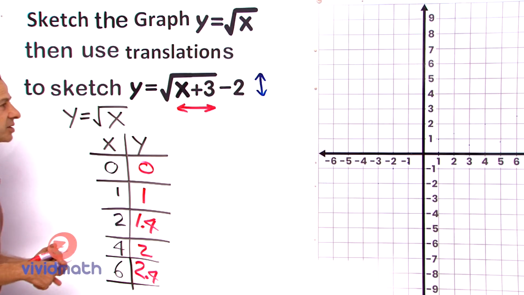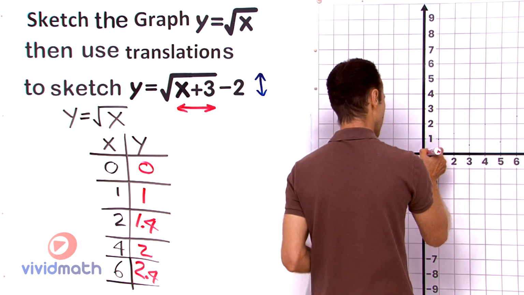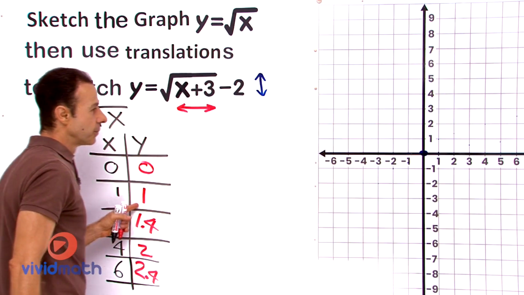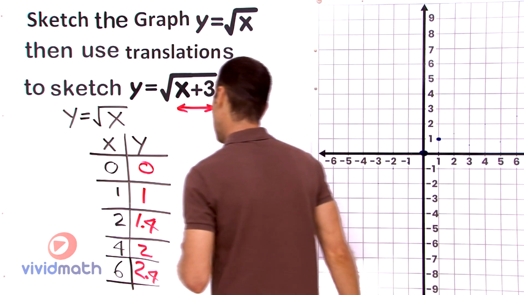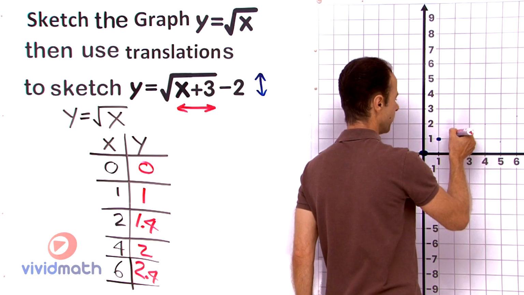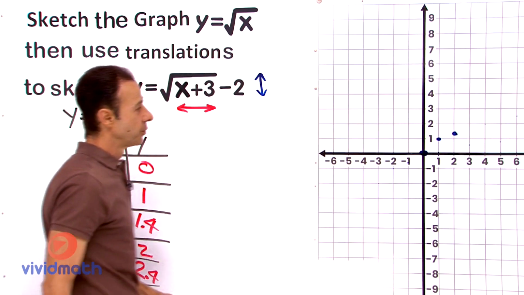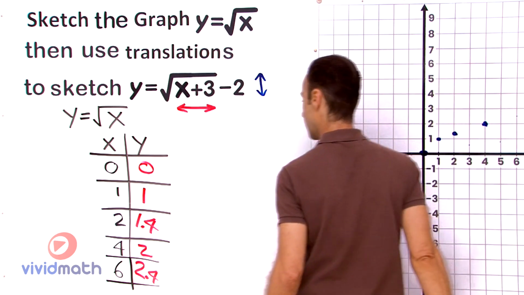So let's start to plot the points. We've got 0, 0. That's going to be right here at the origin. We've got 1, 1. That's going to be right there. We've got 2, 1.4. 2 across, up 1.4. That's going to be there. We have 4, 2. Across 4, up 2, there we are right there.